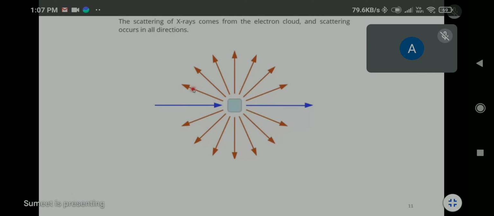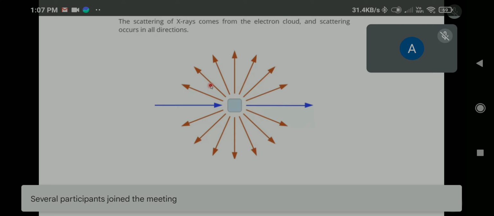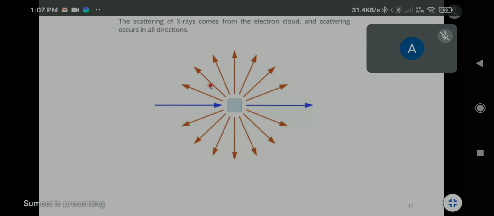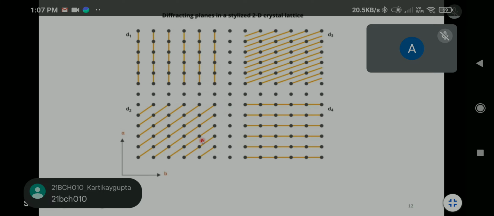So the incoming X-ray will get diffracted, or in a simple way, if you want to simplify the word diffraction, you can say that the X-ray is getting reflected. Although this phenomenon is not a reflection, it can be considered similar to reflection. So from those atoms, from those electrons, the X-ray is getting reflected in different directions.